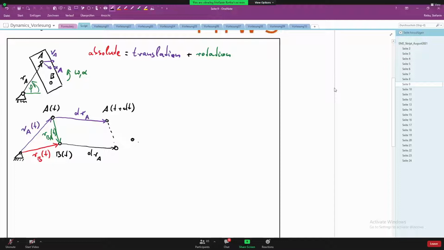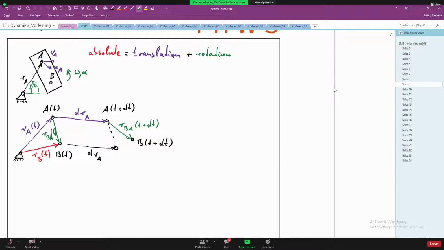That is point B at t plus dt, a little bit later in time. So again, this is R_BA at time t plus dt, the distance between these two points later in time.